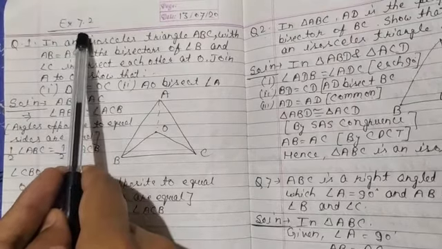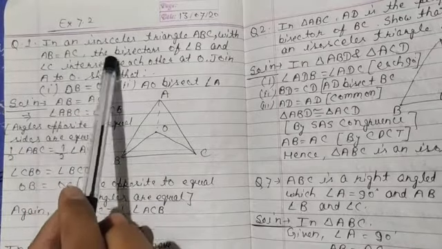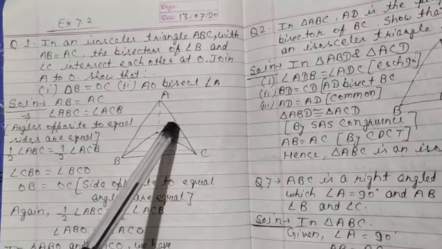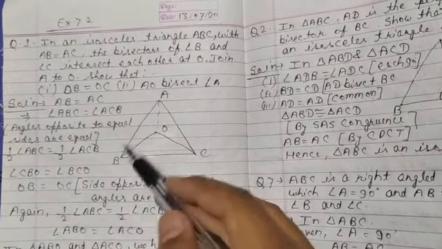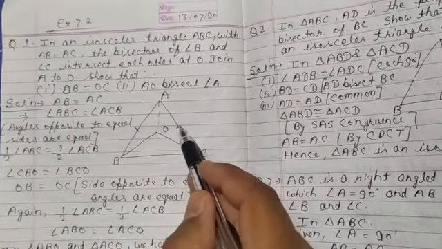Exercise 7.2, question number 1. ABC is an isosceles triangle with AB equal to AC, so the lengths of both sides are equal.